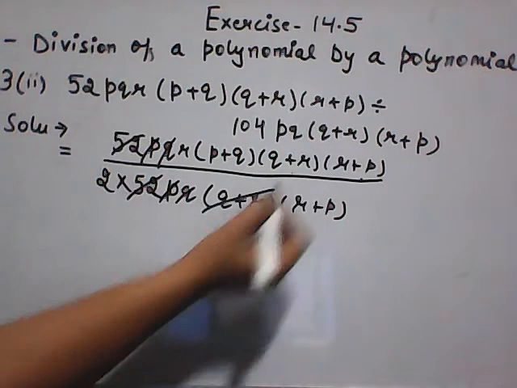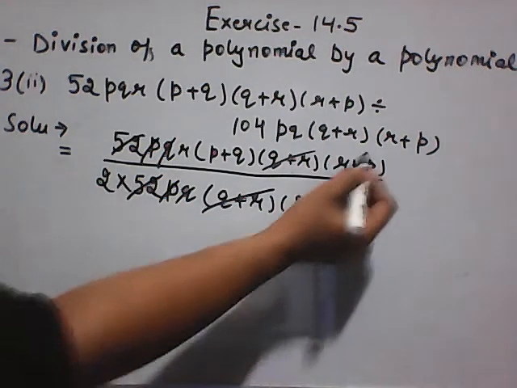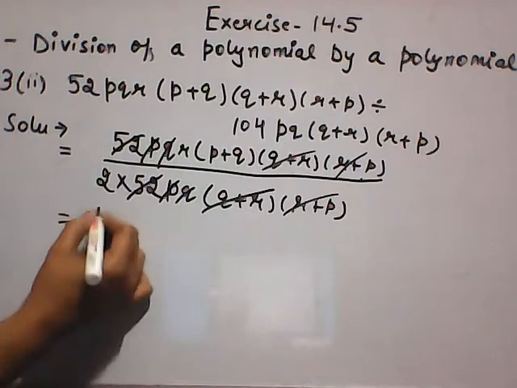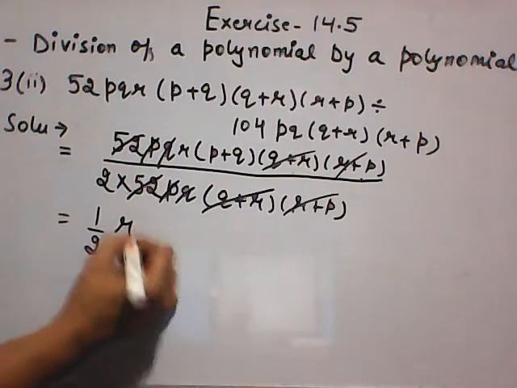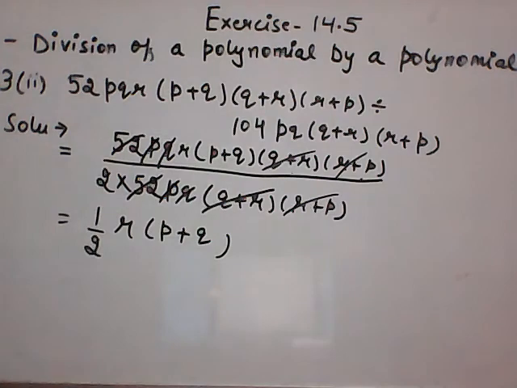Q plus R is cancelled out with Q plus R. R plus P is cancelled out with R plus P. So we are left with 1 by 2 into R into P plus Q. So this is our answer, 1 by 2 R into P plus Q. Let's move to the next question.